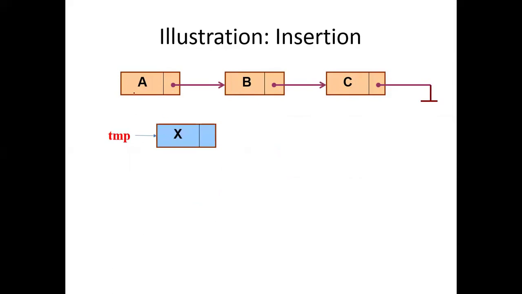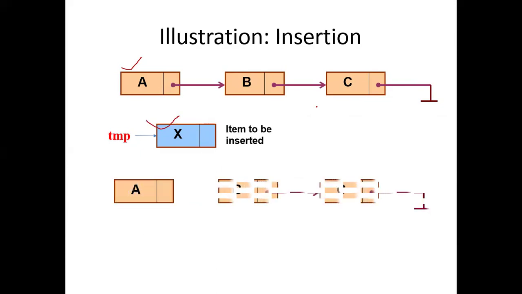First, we consider this as the linked list. The entire list has 3 items. Now I'm going to add an item X in the list. The positions are 1, 2, and 3.